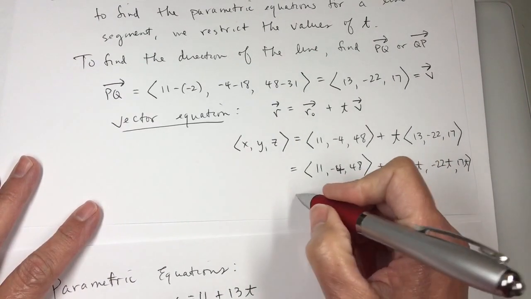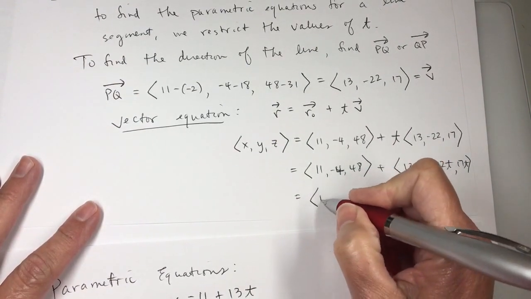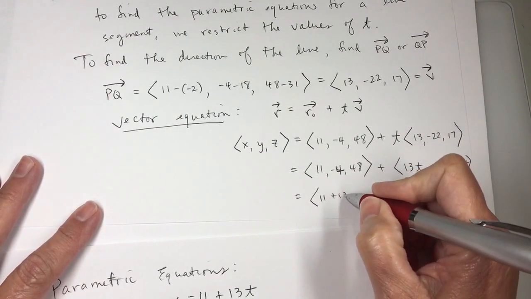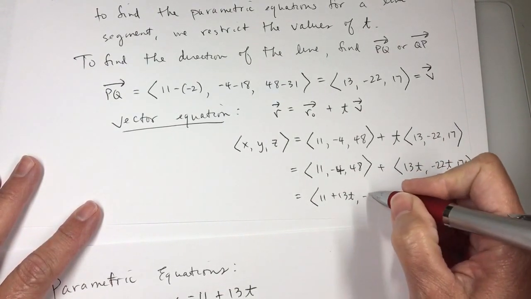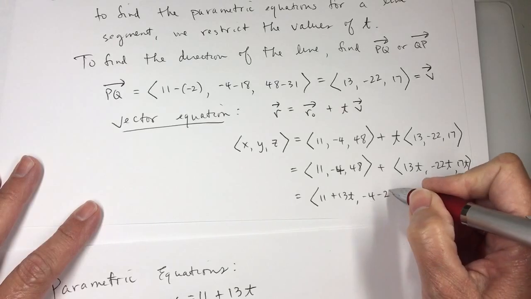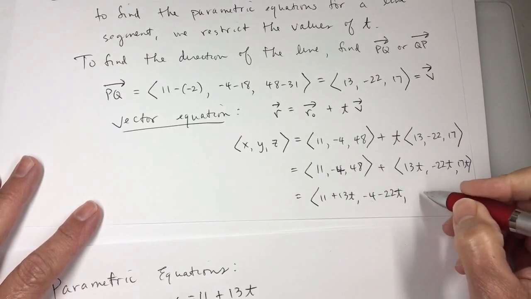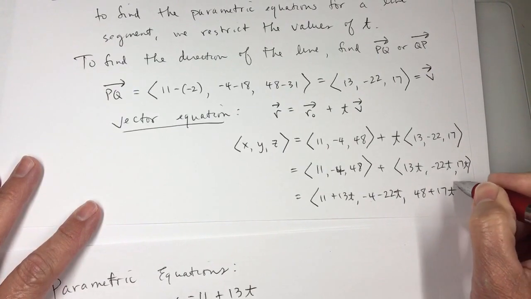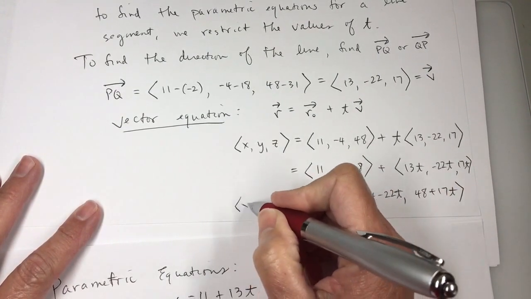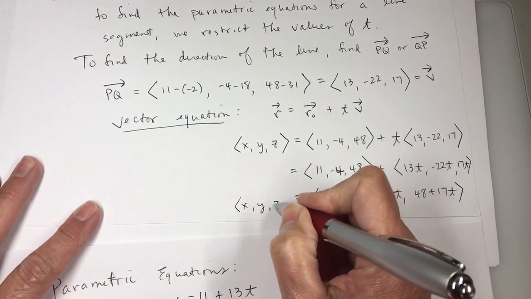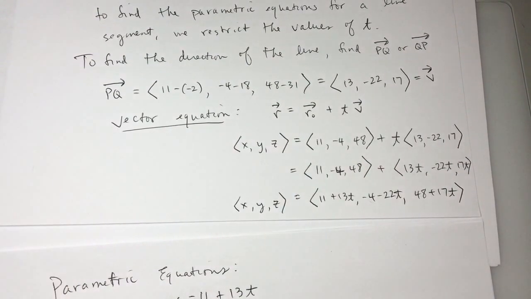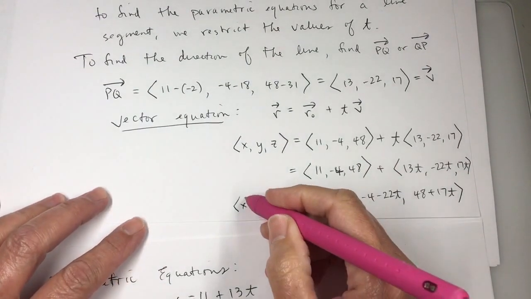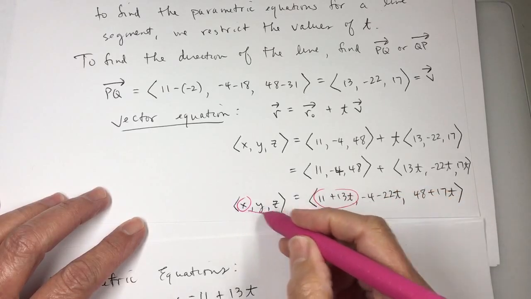Add those two vectors: 11 plus 13t, negative 4 minus 22t for the second component, 48 plus 17t for the third component, and then it equals vector x, y, z, so the corresponding components have to be equal.